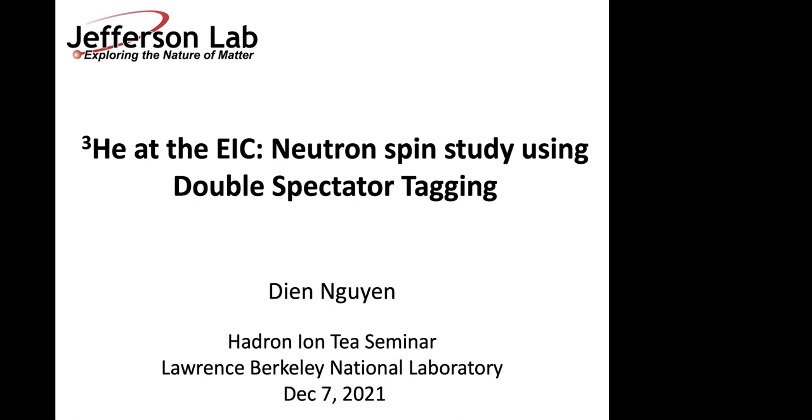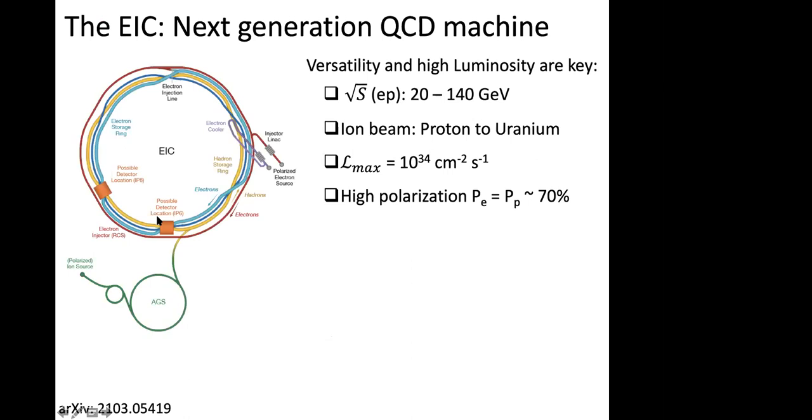Let me start with a very brief introduction about the EIC, our next generation QCD machine. Versatility and high luminosity are the keys of this new facility, and it has many great features. First, it has a very large coverage in center of mass energy.